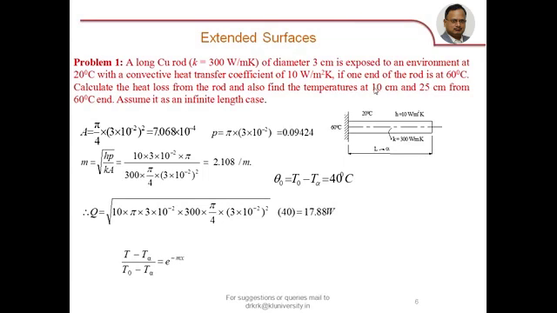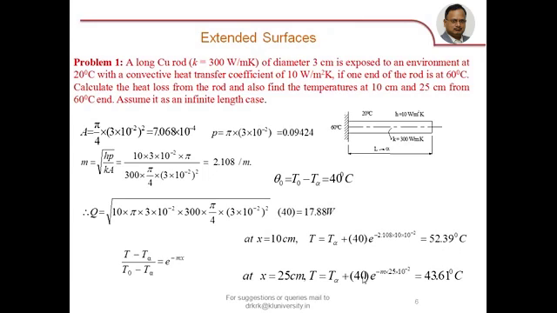By substituting different values of x in the equation, you will get the temperature at different points. So at x equal to 10 centimeters, T equal to T alpha plus e power minus mx into T naught minus T alpha, 40, that is 52.39.